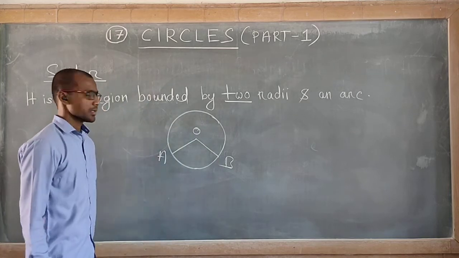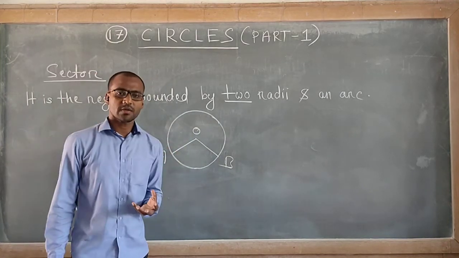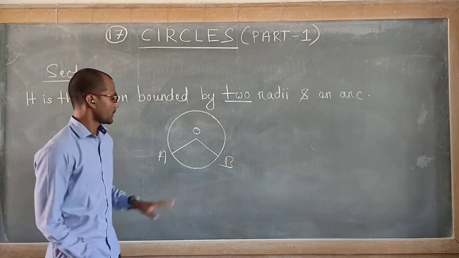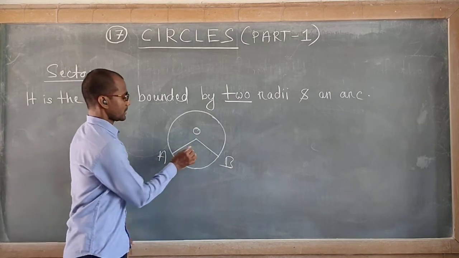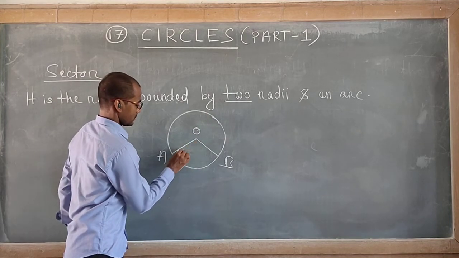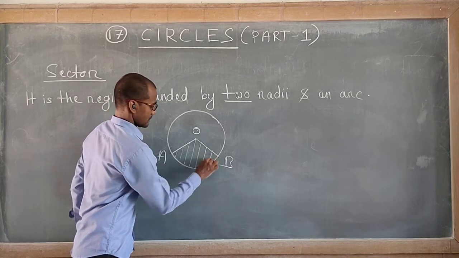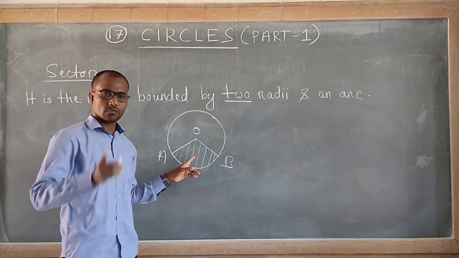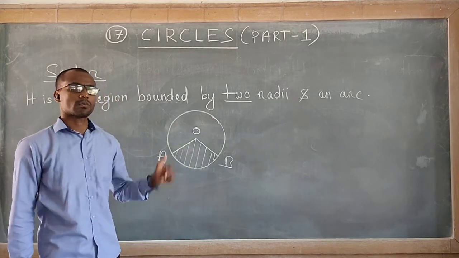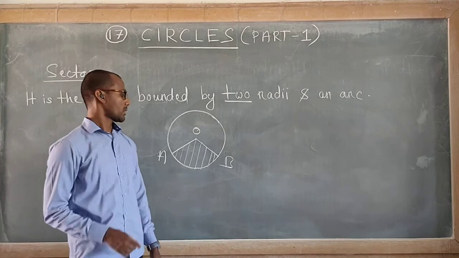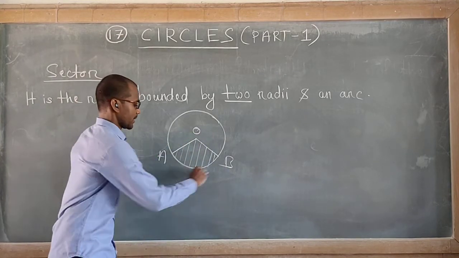After joining OA and OB, meaning two radii, these two radii are dividing the circle into two parts. This is one part and this is another part. These two parts are the sectors of this circle. The region bounded by two radii, OA, OB, and an arc AB.